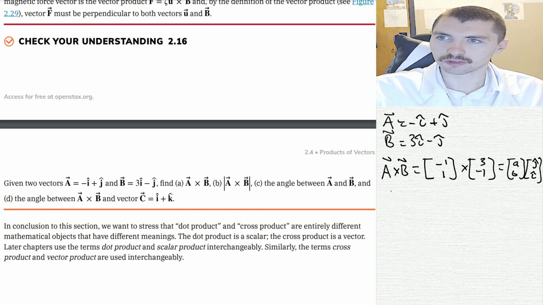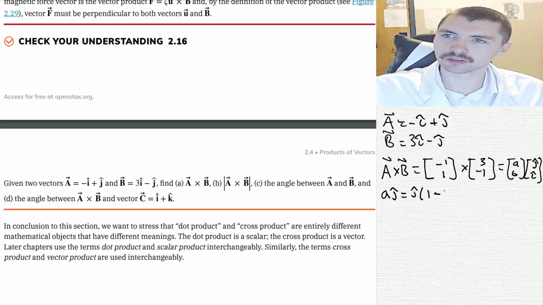Okay, so let's do that. Negative 1 times 1 is 1 times 1 minus 1 times 3.